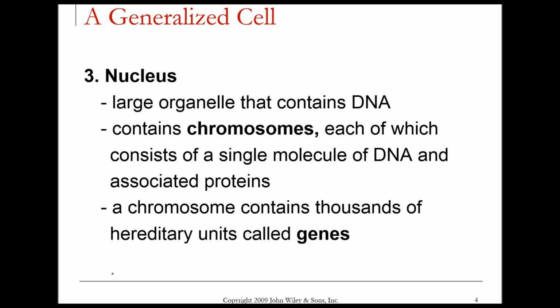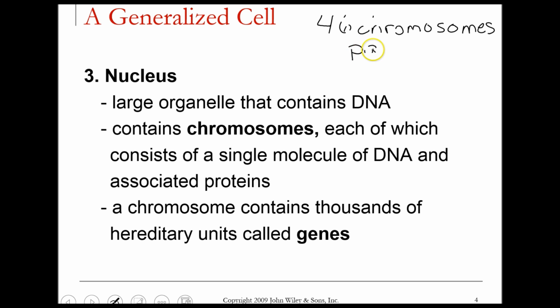Now, there are a couple of different definitions of the term chromosome. One definition of chromosome that you see here is that it is a single molecule of DNA and associated proteins. Humans have 46 chromosomes. Chromosomes in humans are paired.